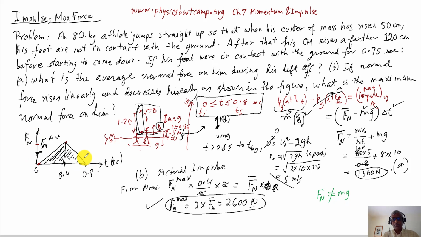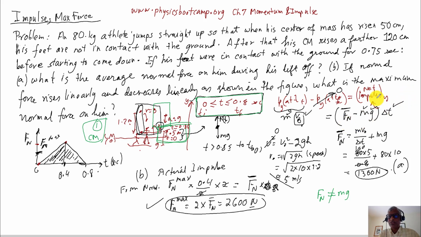To recap, what we did here is first we focused on the center of mass. We analyzed two separate time ranges, this and things beyond that. In the first time frame, we used Newton's second law written in change in momentum and impulse form.